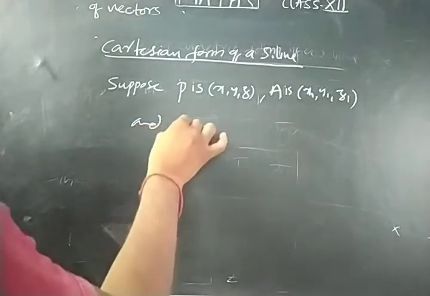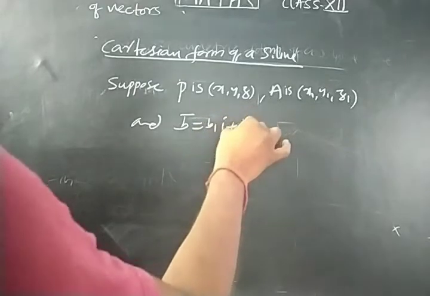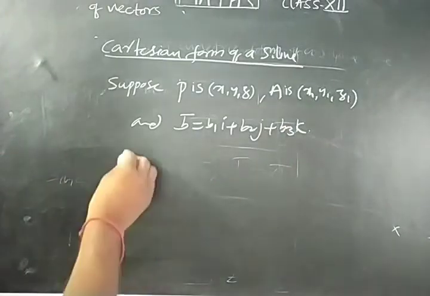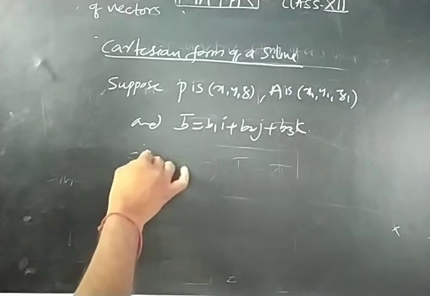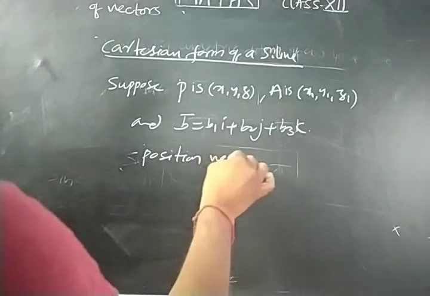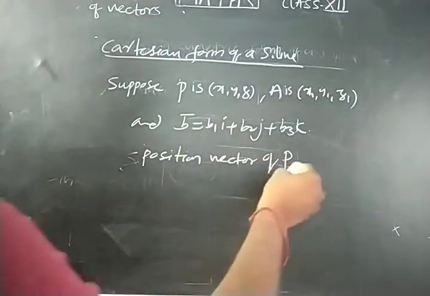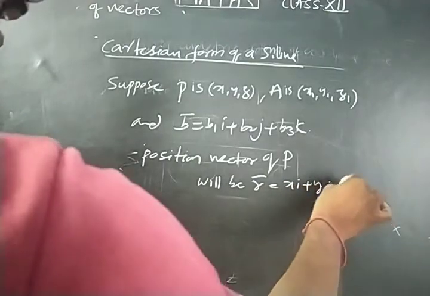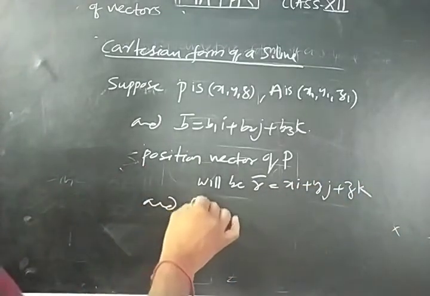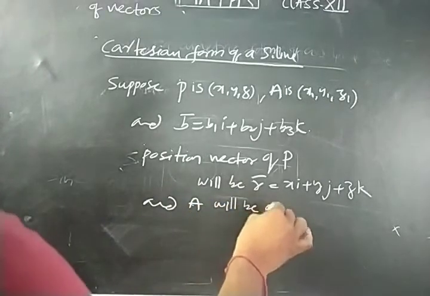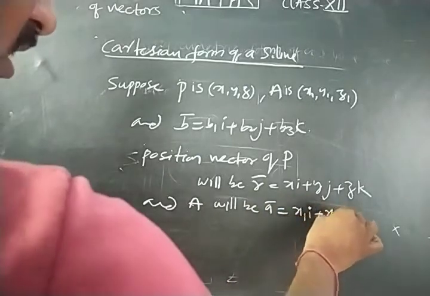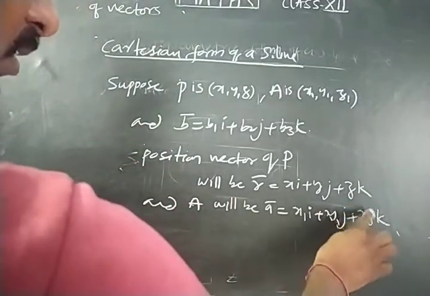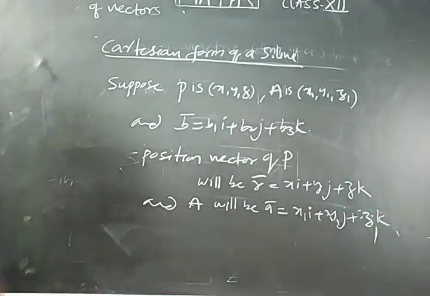And I am taking the parallel vector b bar as b1 i plus b2 j plus b3 k. Then the position vector of P, denoted by r bar, is x i plus y j plus z k, and the position vector of A, small a bar, is x1 i plus y1 j plus z1 k.